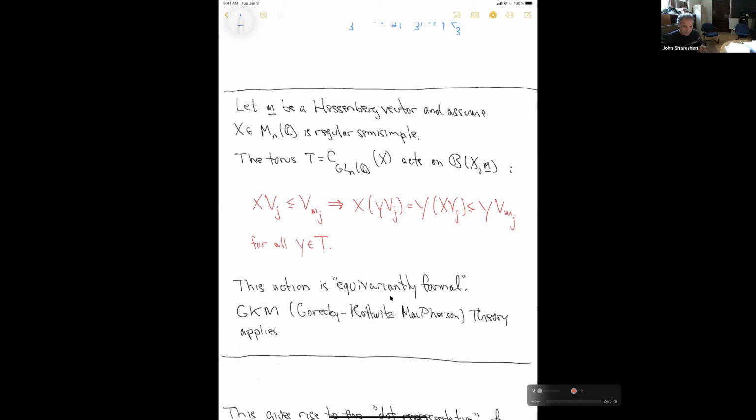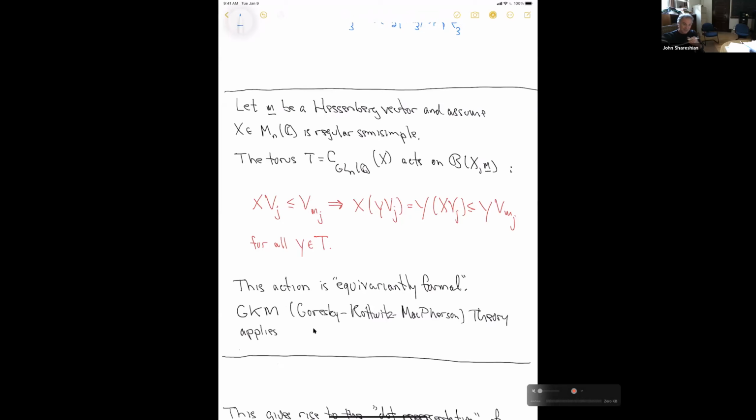This action is what's called equivariantly formal. This is a technical condition about some spectral sequence converging quickly that was introduced by Goresky, Kottwitz, and MacPherson. I lack both the time and the expertise to give you a really good explanation of what this means. But in any case, this GKM theory applies. What does this GKM theory allow you to do?